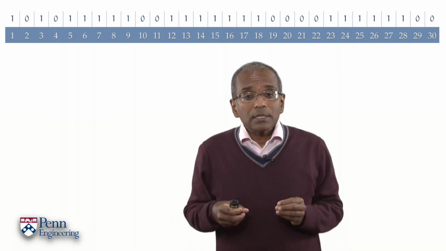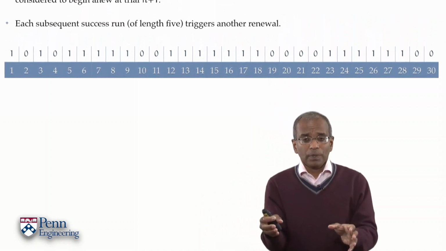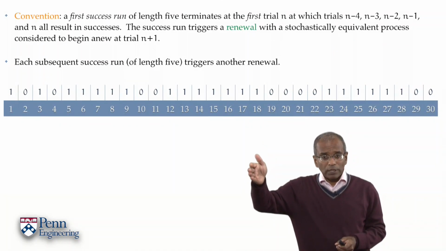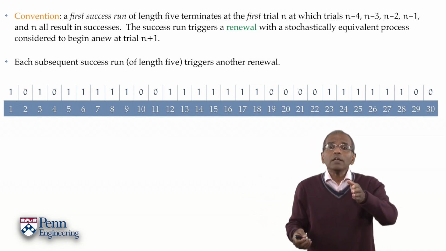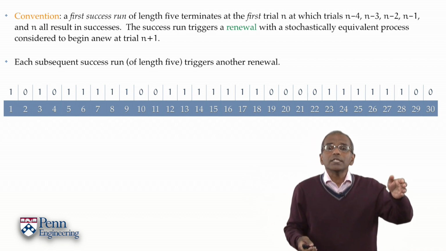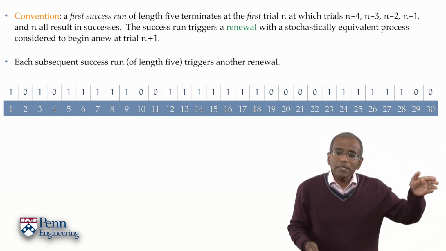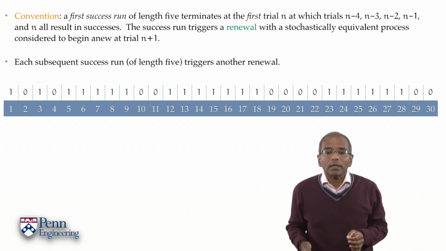The second, and this is important, is as a convention, we imagine that we start the sequence of tosses on the left, work our way towards the right, looking for 5 successes in a row. The first time it happens, we say, here is a first success run.